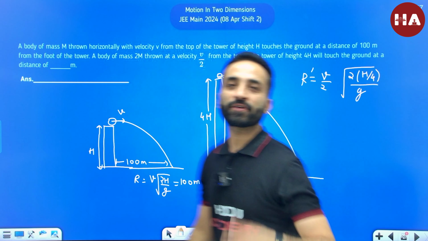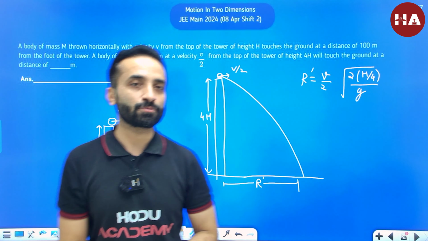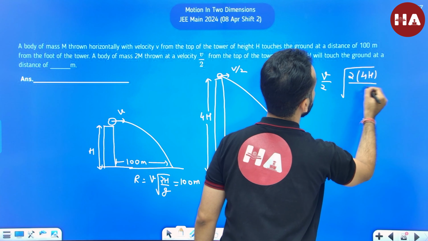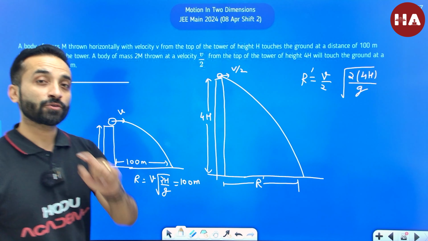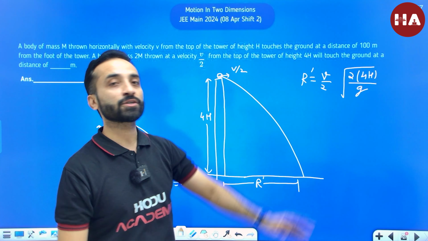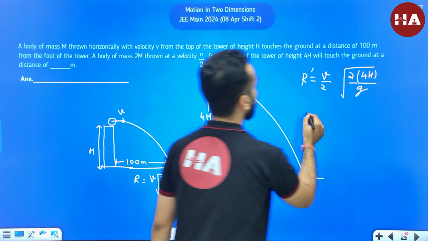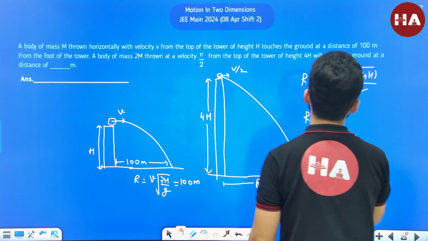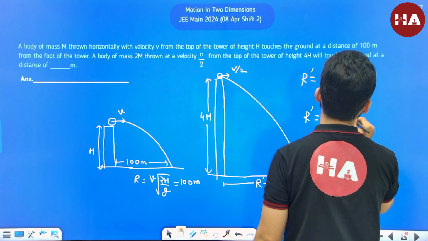Instead of h I should be writing 4h, okay, and yeah, now it's all correct. So we have an extra factor of 4 in the root, so that will become 2, and there is a 2 outside, so they will cancel out. Ultimately you will realize that it's a compensating effect, and the new range, that is r dash, is going to be the same as the previous one.